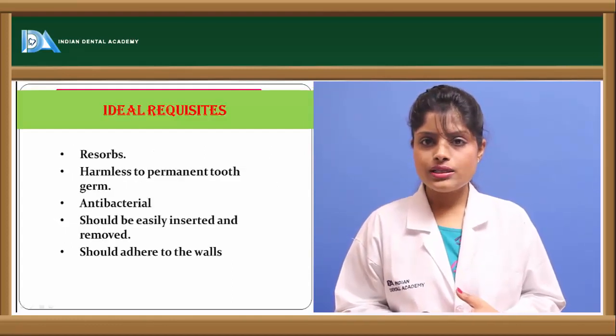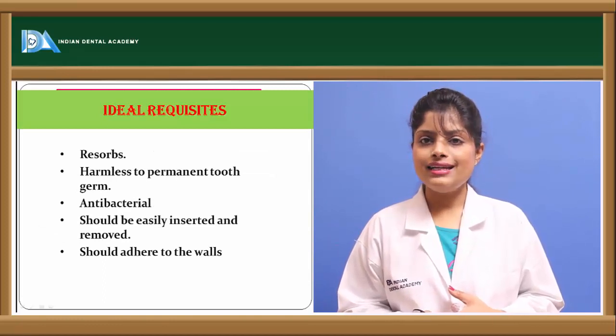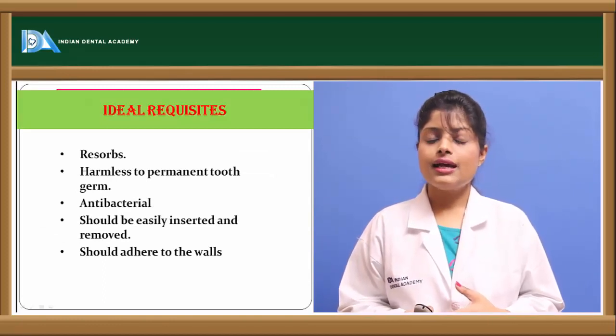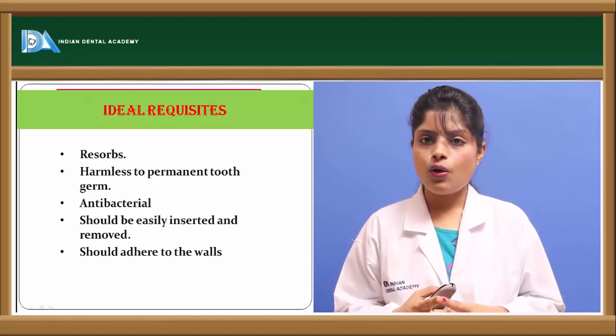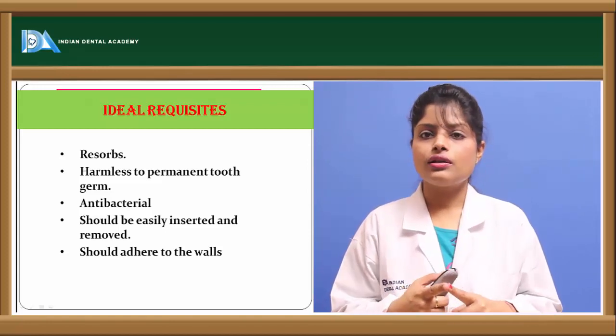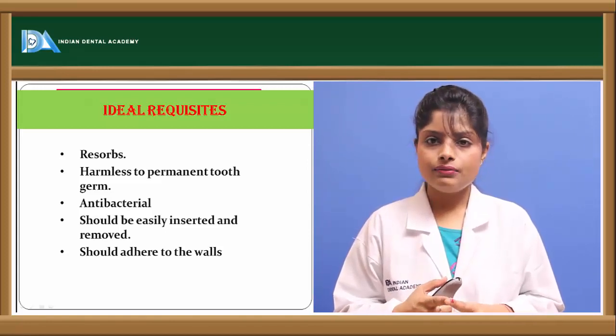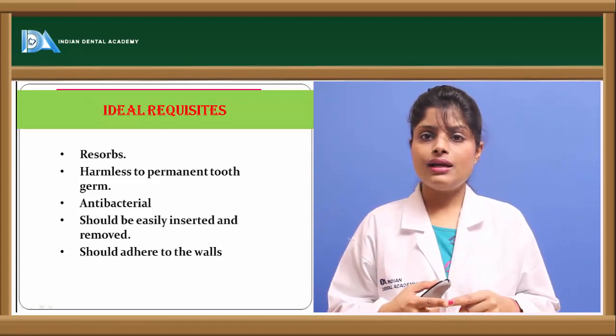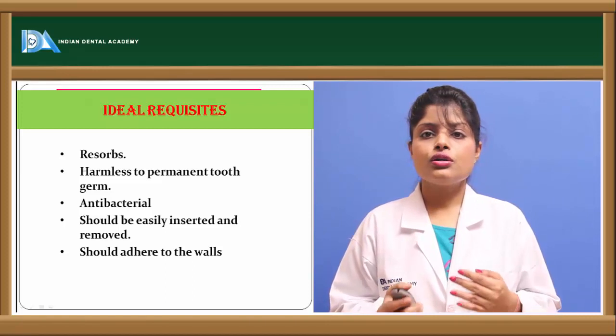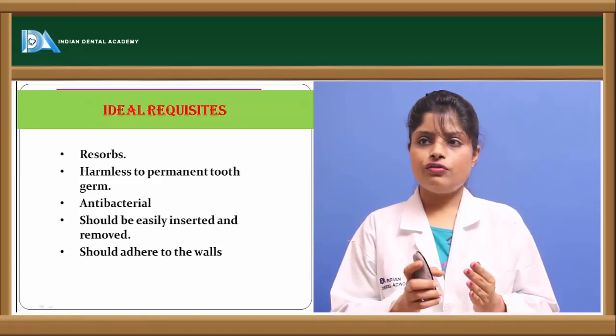The ideal requisites or requirements for any obturating material are, first of all, it should be biocompatible to the tooth structure. It should not cause any harm to the tooth or the surrounding tissues. Then it should be antibacterial, that is, if any remaining infection is there, it should stop the infection at that point of time.